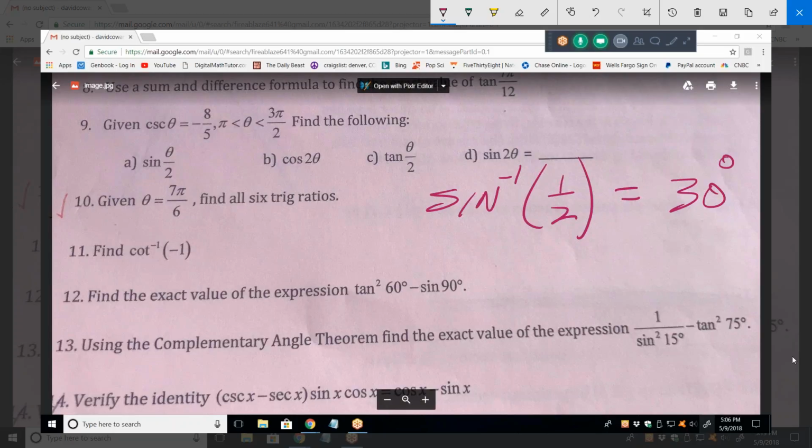Oh, yeah, that makes sense. What if I said the inverse sine of -1/2? What do you think it's going to give you as an answer? Would that be in the third quadrant then? Actually, it's always going to give you the fourth quadrant answer. So it's always going to give you this.